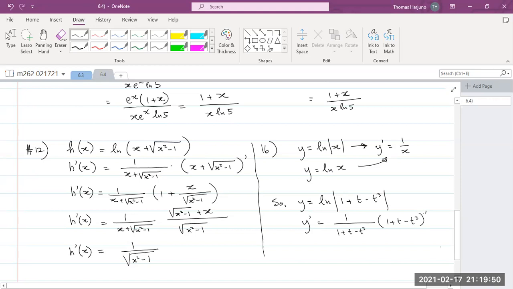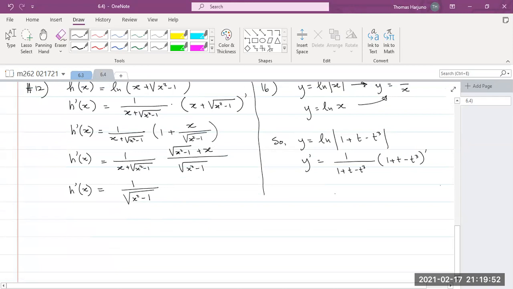Oh, sorry, I missed the prime, which gives us 1 minus 3t squared over 1 plus t minus t cubed. I hope that answers the question about what happens if we have absolute value. Nothing really. That's for number 16.